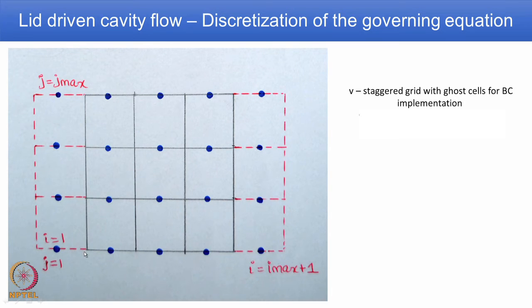Now, for the v momentum equation, because we are following a staggered grid arrangement of variables, we need to have one more extra grid line on either side as a ghost cell or ghost node. These are shown by red colored lines, one on the left side and another on the right side as shown here.